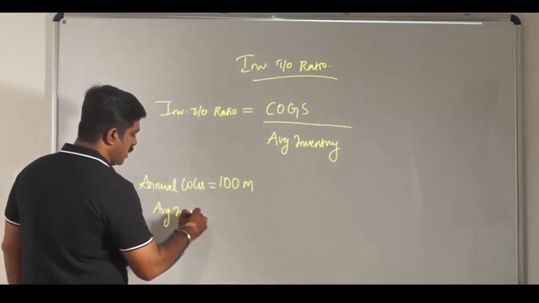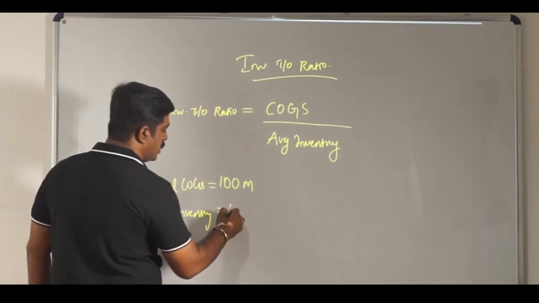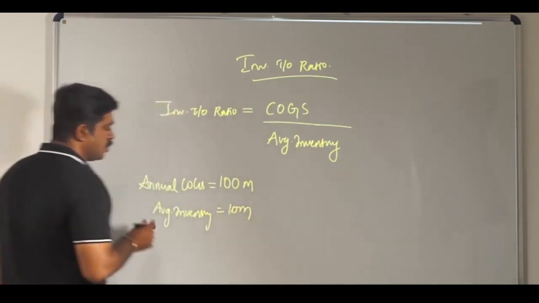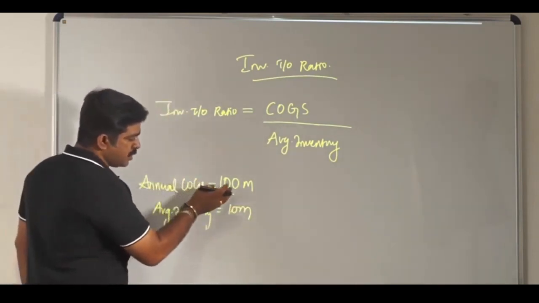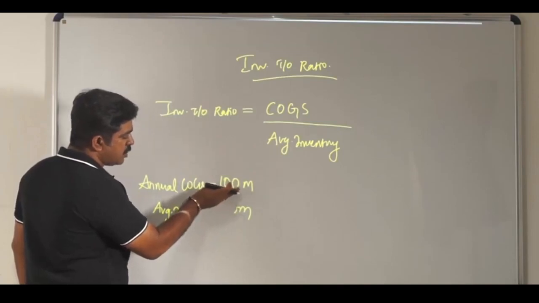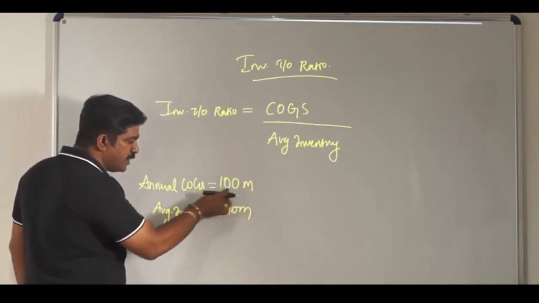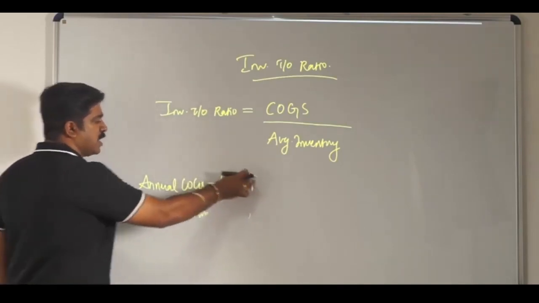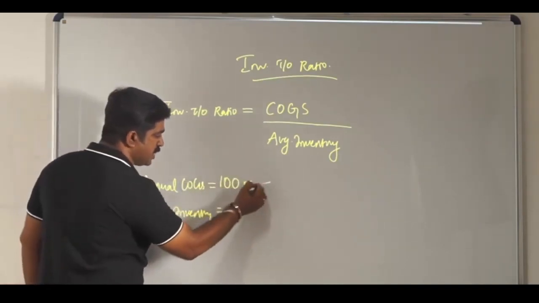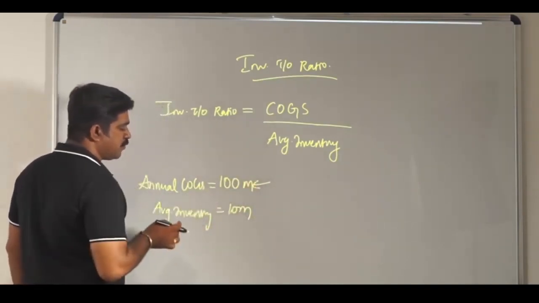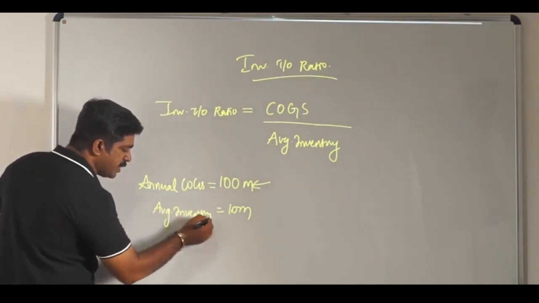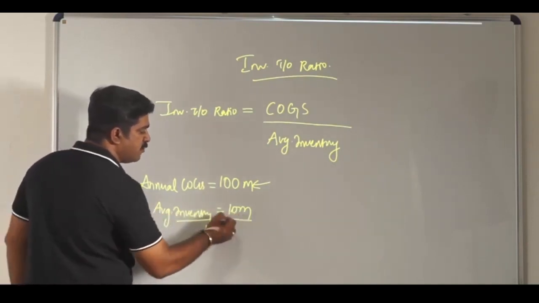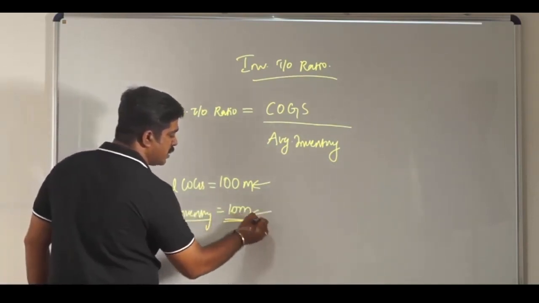Let's say they keep an average inventory of 10 million. So now what you can infer is their annual cost of goods sold. For one full year, they have made some sales, and for that the cost which they have incurred is 100 million. And in their inventory they have inventory worth 10 million.